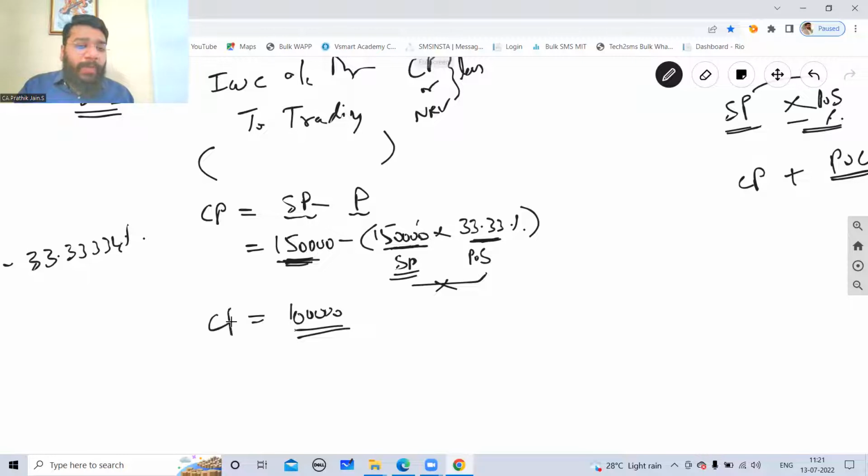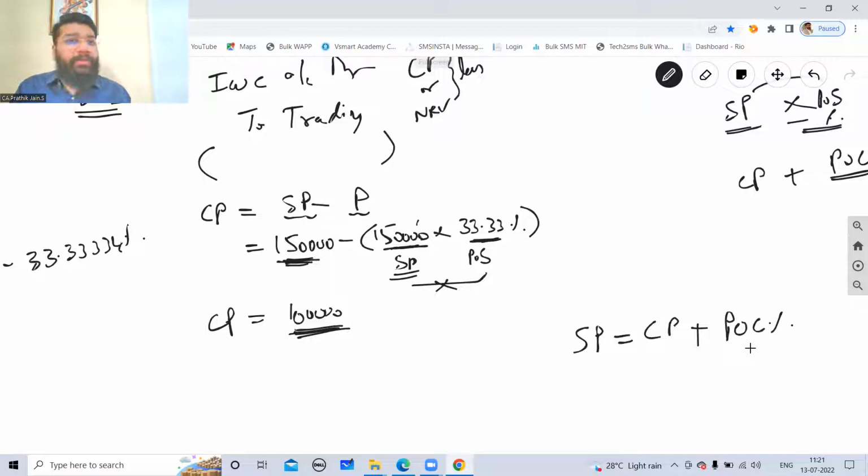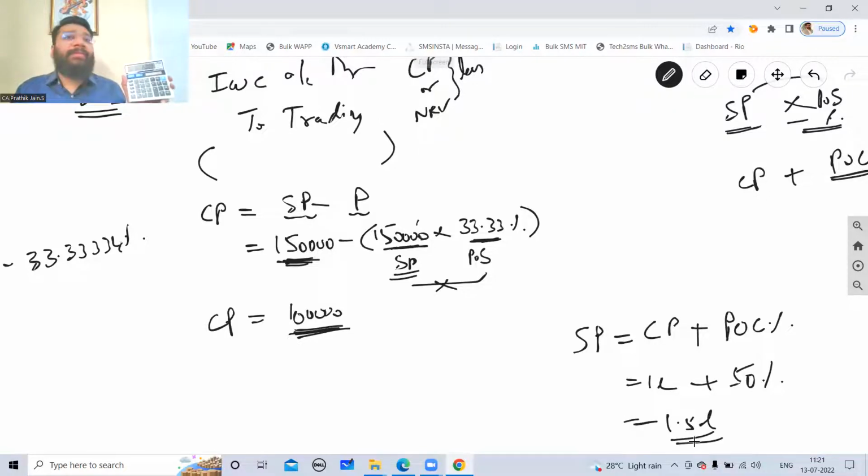Now this is cost price, guys. Now let's suppose cost price is 1 lakh and profit on cost is 50%. If I want my selling price, what will I do? Cost price plus profit on cost percentage. 1 lakh plus 50%, you'll get 1.5 lakh, which is the sale price.